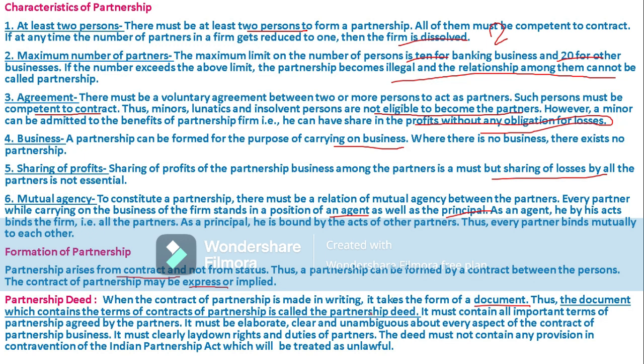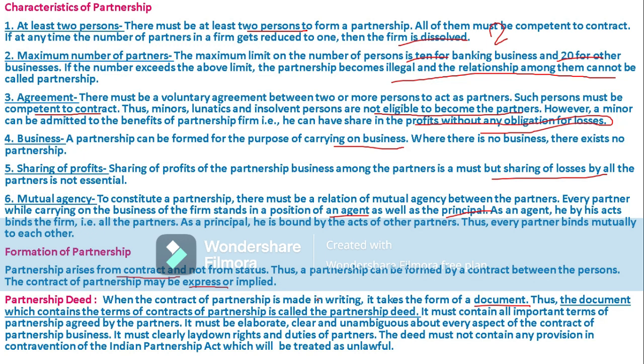This partnership deed contains all the aspects regarding the business: all the important terms and conditions regarding the business activities, all the rights and duties, all the obligations, all the provisions under the Partnership Act. Each and every thing will be in that document.